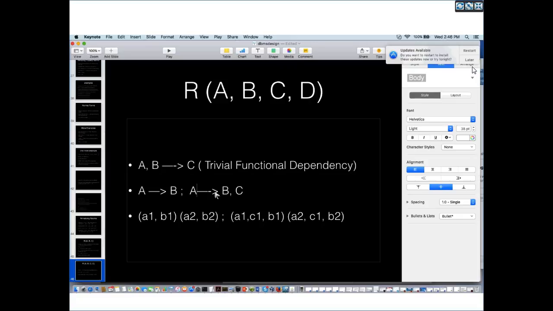Similarly, transitivity. What is transitivity saying?